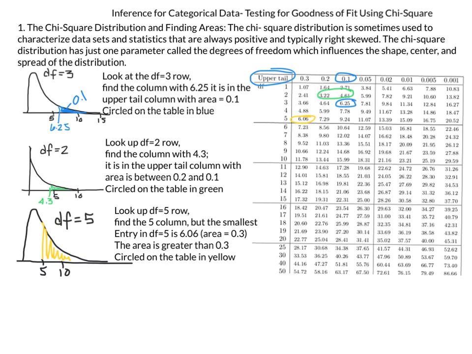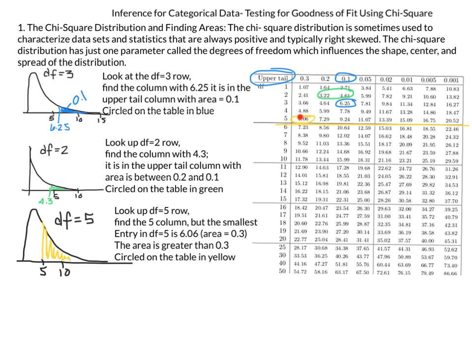Next, I have a chi-squared distribution where degrees of freedom is equal to 5, and I want to know the area in the upper tail for a test statistic of 5. So first I need to look up the degrees of freedom equals 5 row, which is right over here. And I want to find the entry for 5, but the smallest entry in this row is 6.6, like 5 should be over here.